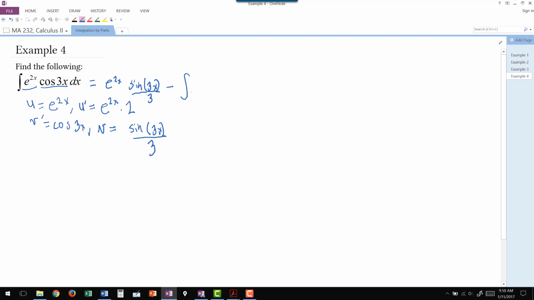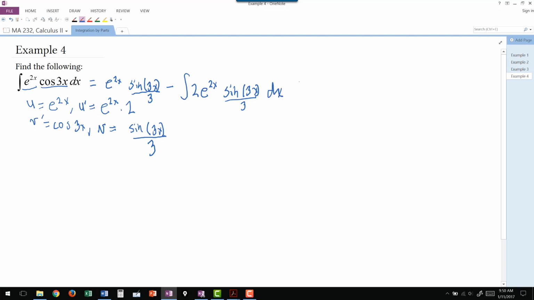So my u prime I'll keep here as 2e to the 2x, and my v is sine 3x all over 3 dx.